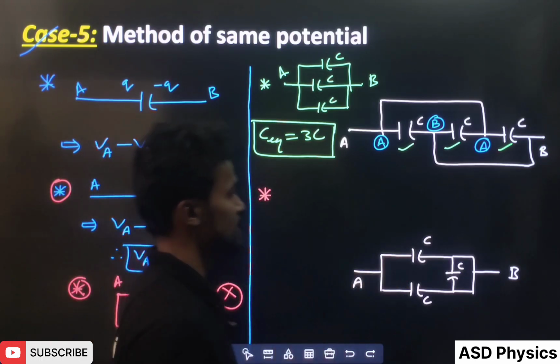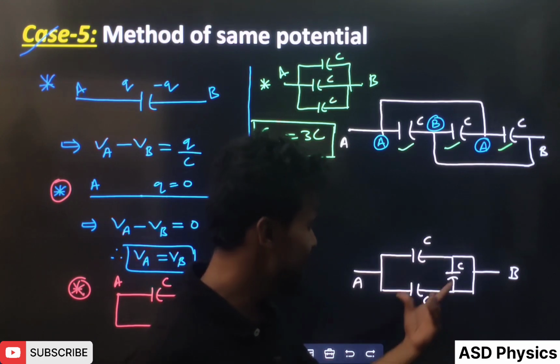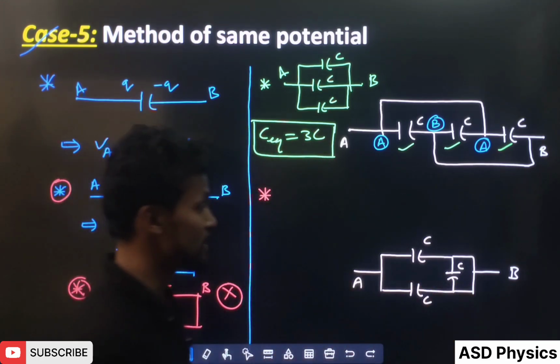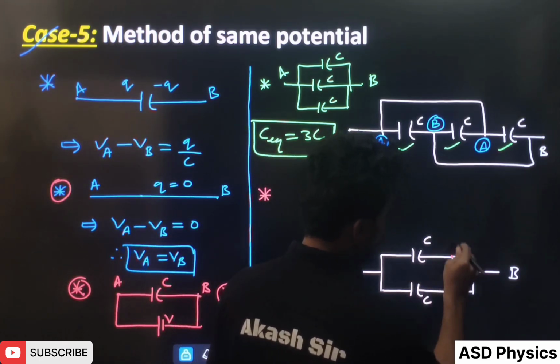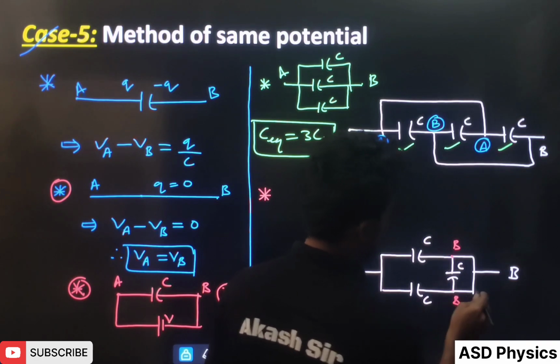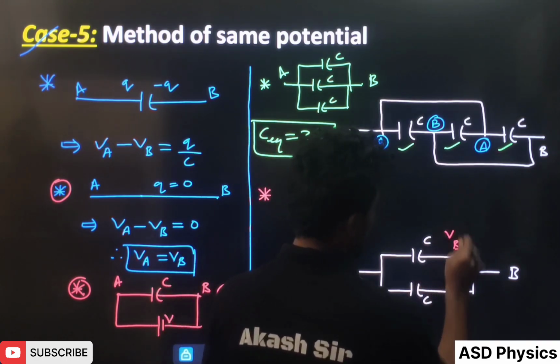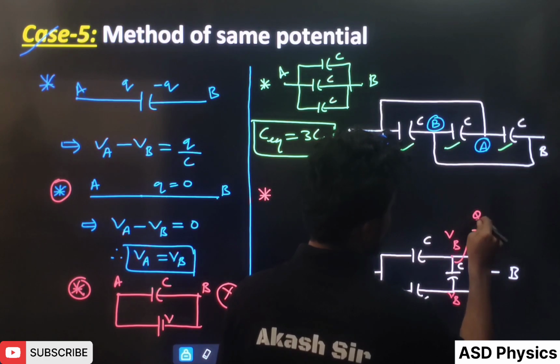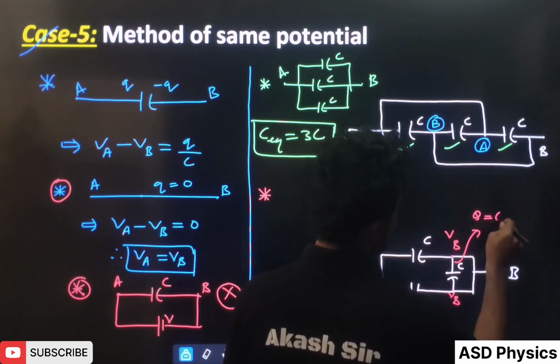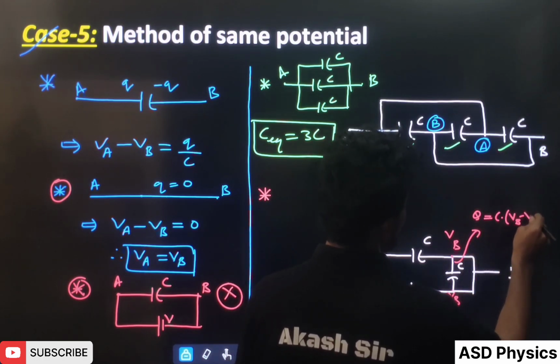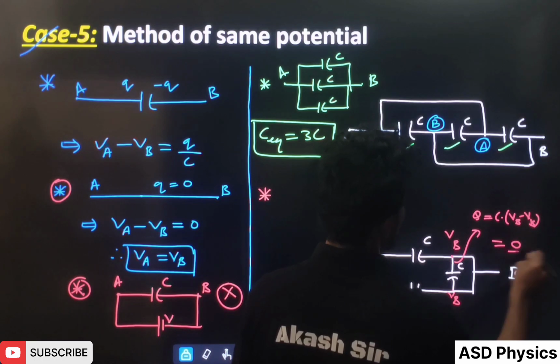You may think this is very easy, but remember one thing: here B is there, so here also B, and here also B. If we take the potential as VB, then the potential difference, if I ask how much charge it will store, is C into VB minus VB, which is 0 charge.